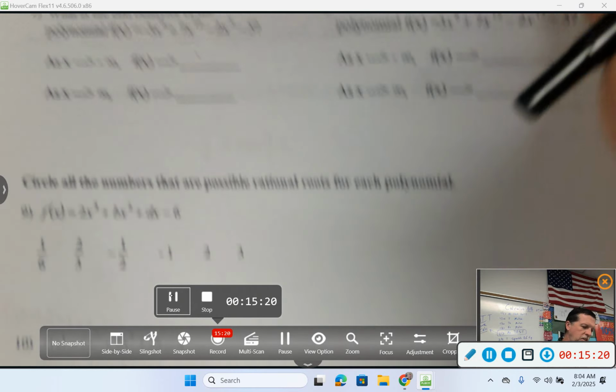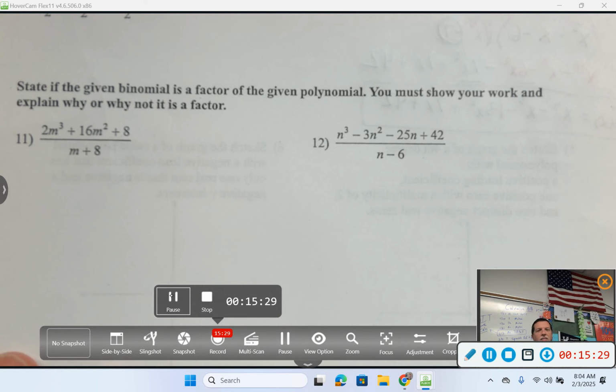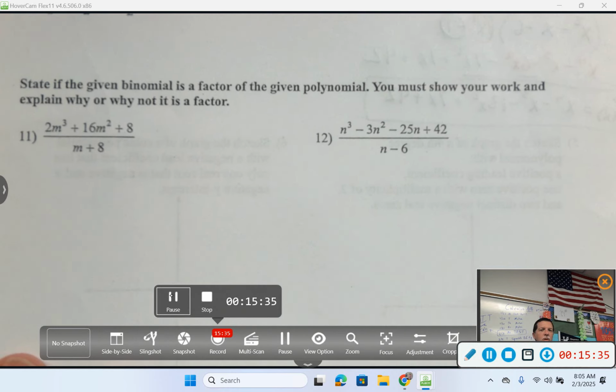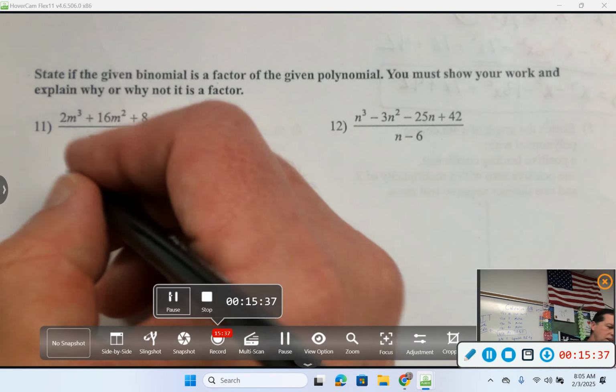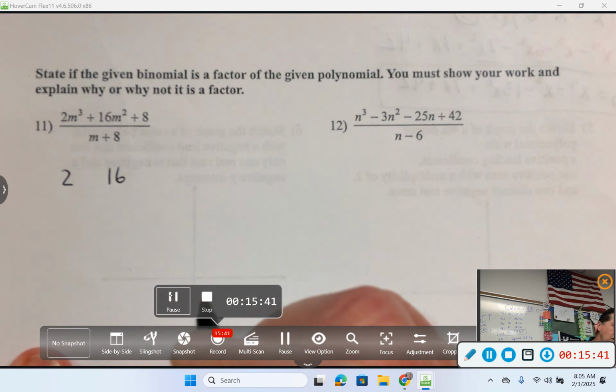How are you going to do 11 and 12? State if the given binomial is a factor of the given polynomial. Yeah, I would synthetic divide, because I don't think you could factor. On 11 and 12, you could try to factor, but... So I would synthetic divide with negative 8.